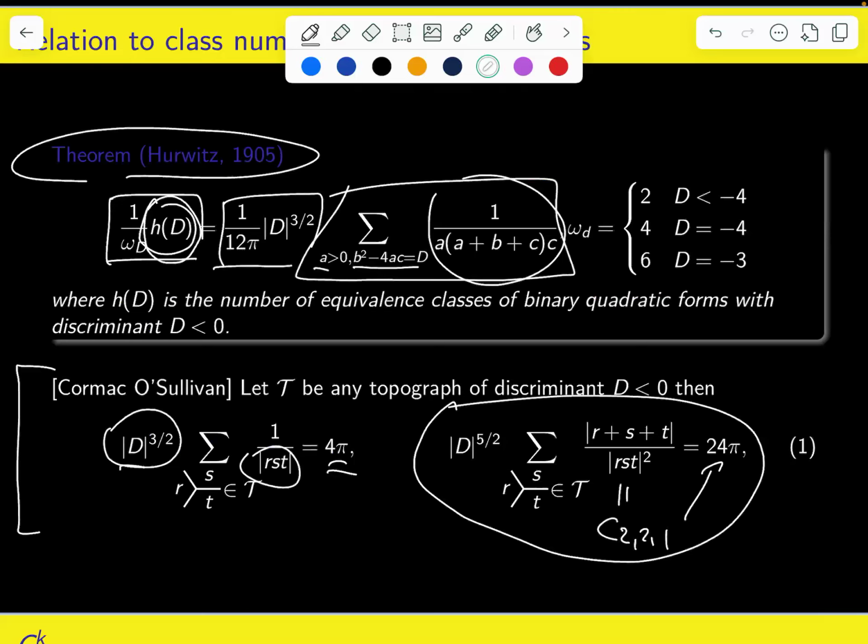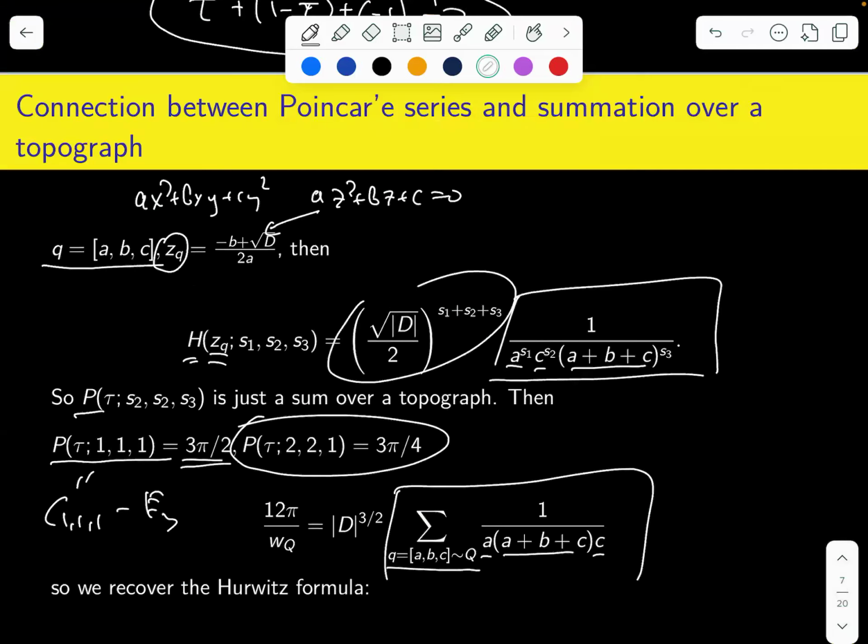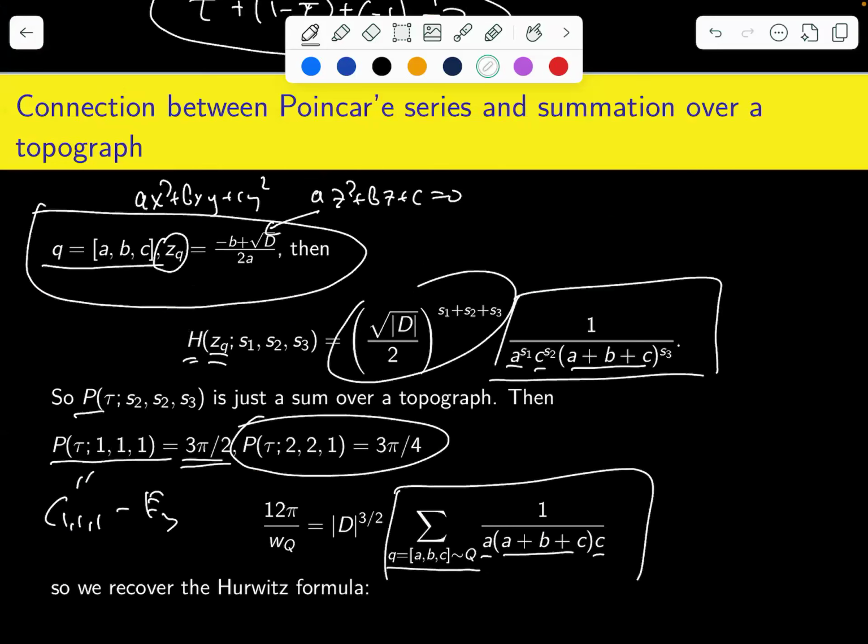And also here, if you have a quadratic form in two variables, then there is a very nice bijection with the action of SL2Z on the upper half plane, and so on. If you have a form in three variables, then you cannot associate a root to it, right?